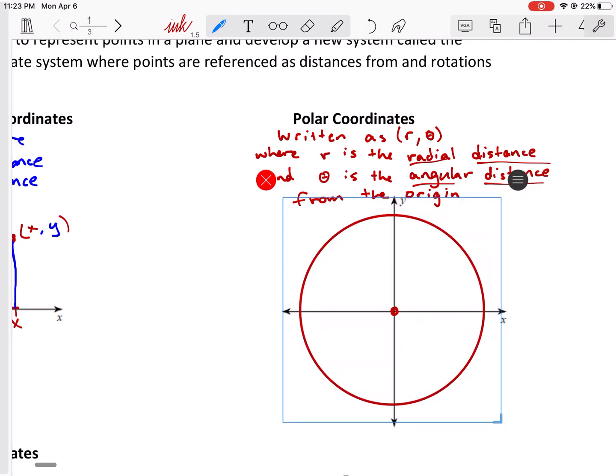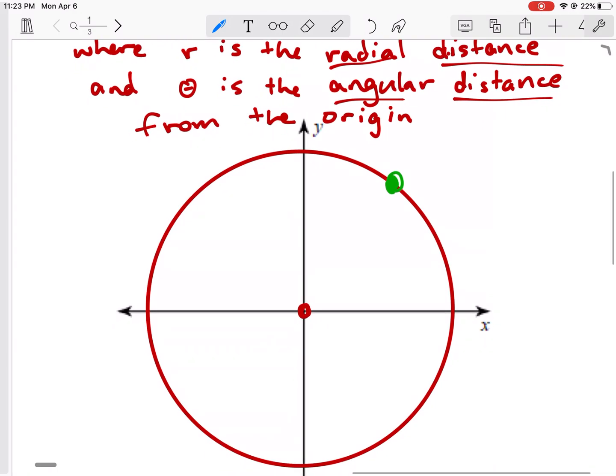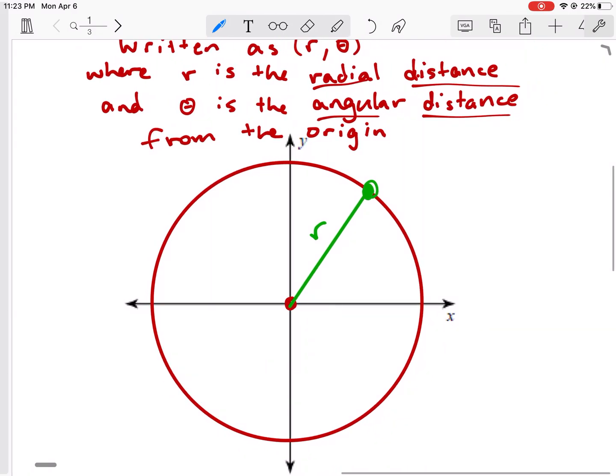We have a circle centered at the origin. R is going to be the distance out. Say we have a point right here. R is basically this distance all the way out to that point. This is R. That's the radial distance.